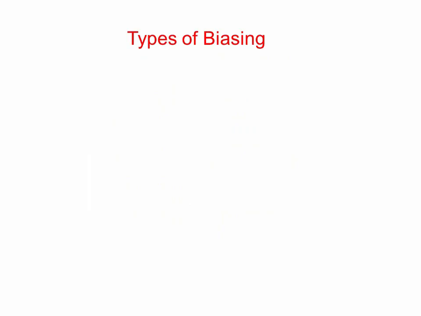Next, we are going to see about the types of biasing. We know that biasing is required in order to move the charge carriers. So, there are two types of biasing.